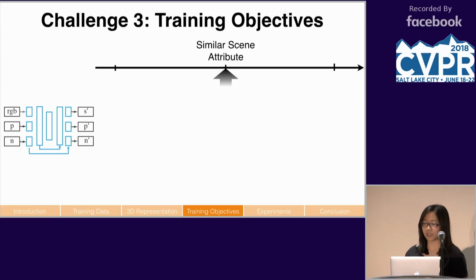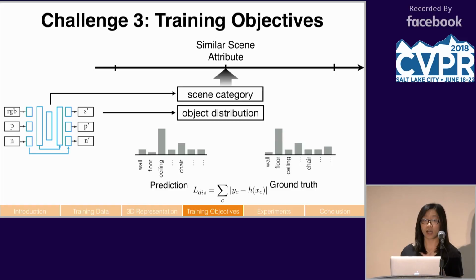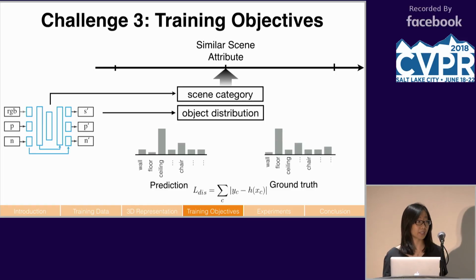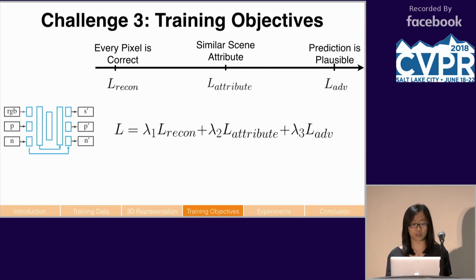So for this objective, we actually designed several specialized loss functions in order to regularize the mid-level scene attributes, such as the scene categories and object distribution, where the object distribution loss basically encourages the correct prediction of object existence, but without penalizing their 3D location. And our final model is trained with a combination of all these 3 levels of objectives that considers both pixel-level accuracy and global context consistency.